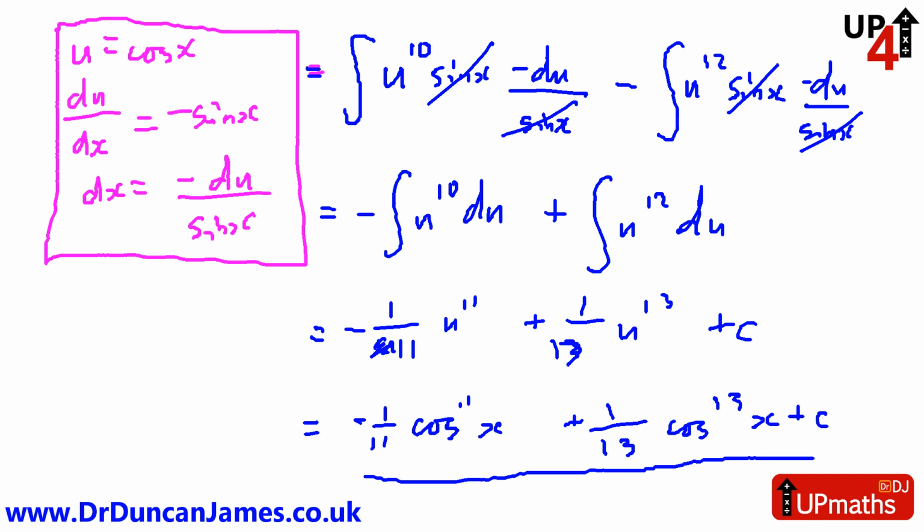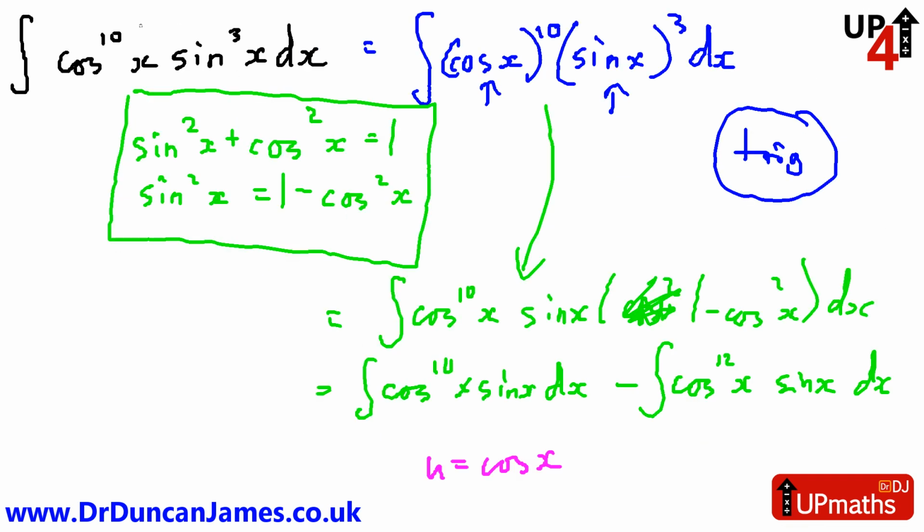You just kind of need to remember that if you've got a cos and a sine both to a power, you hope that one of them is odd and quite low, so that you can get rid of it, so there's just one of them left. So it's just a sine, and then you can do the integration. So it will be a lot of work, but if that wasn't a 3 and that was a 5, you could do the same thing. You'd have to substitute 1 minus cos squared x twice.